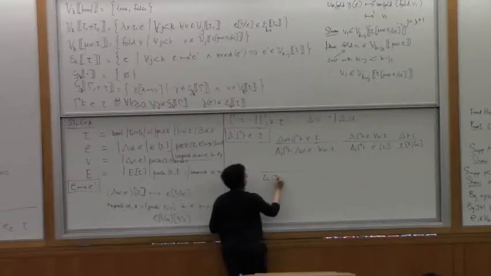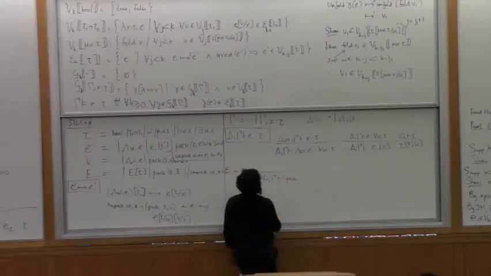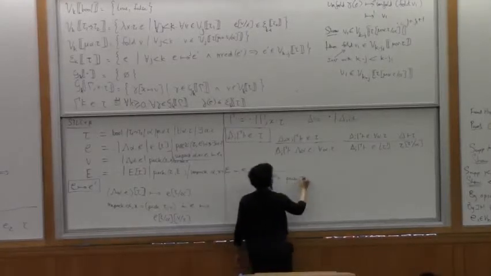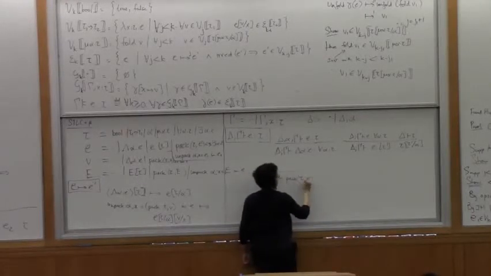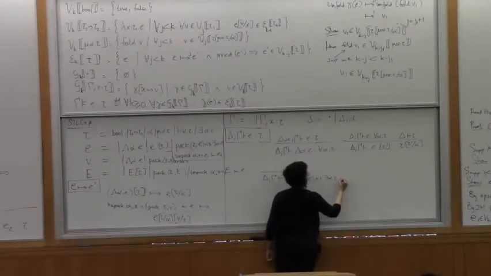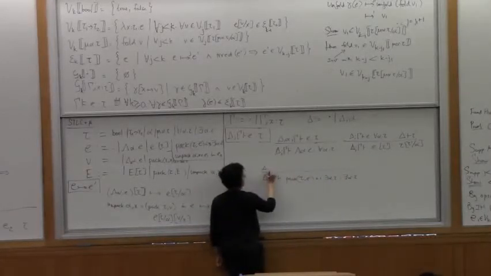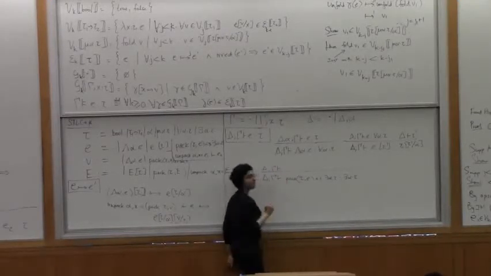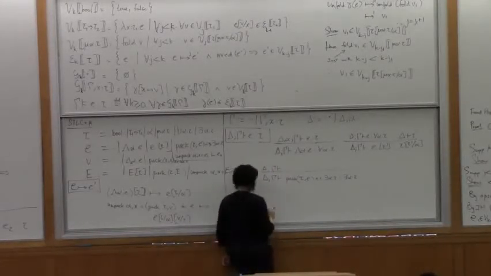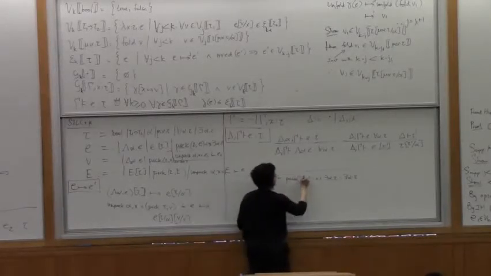Okay, pack. Pack tau E as exists alpha tau has type exists alpha tau, if... Let's put the type thing first. Oh, I should use a tau prime here.